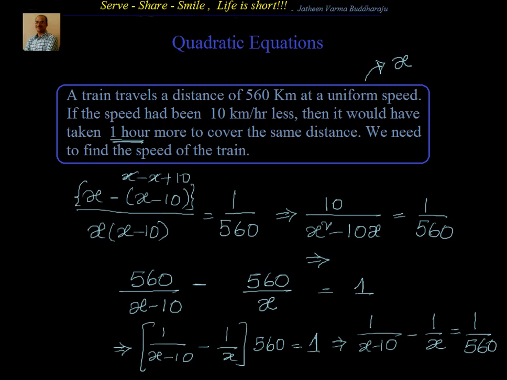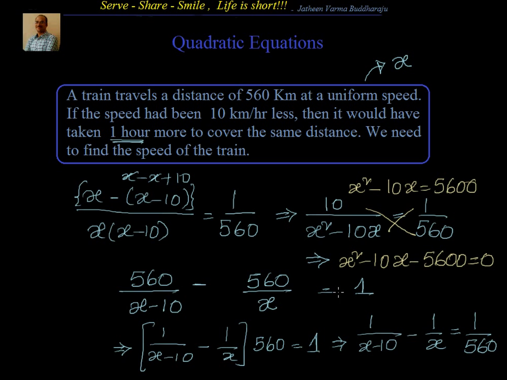If you simplify that by doing cross multiplication, you will get x square minus 10x equal to 5600. So if you subtract, you will get x square minus 10x minus 5600 equal to 0.